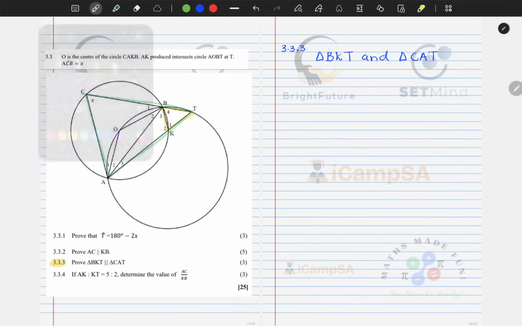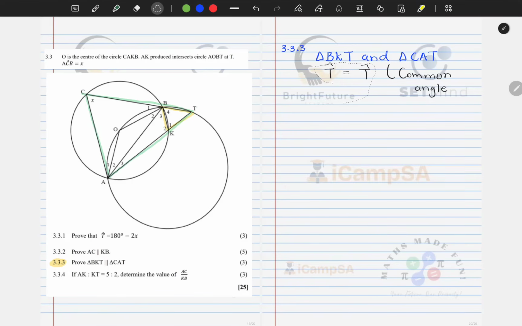So when we look at BKT, you will see that we have angle T. So angle T is equal to angle T, and this is a common angle. Okay, that is just a common angle.